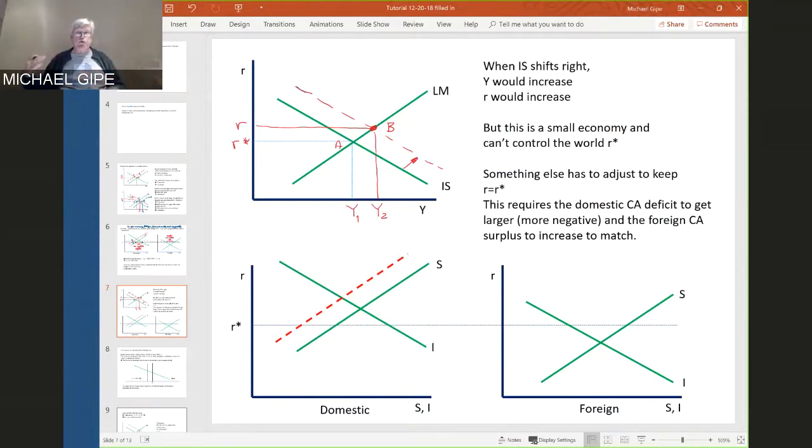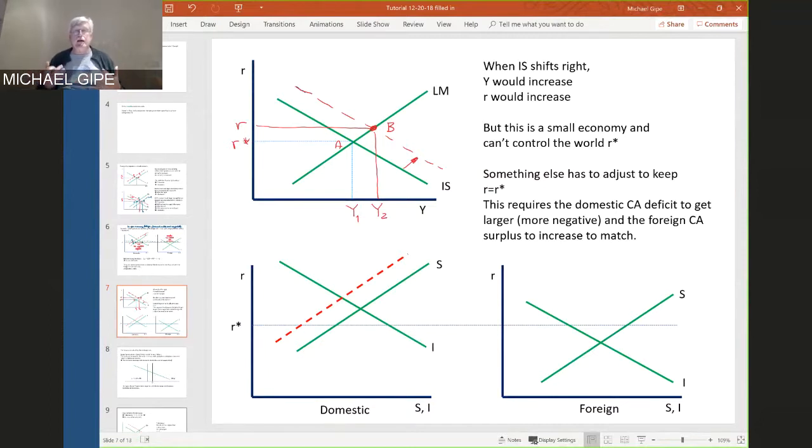Unfortunately, there's a lot of pressure in the rest of the world to maintain that real world interest rate because everything else is balancing out at that point. So something has to change here. Something else has to adjust in order to keep the local real interest rate equal to the world interest rate, and that's the issue with the small economy.